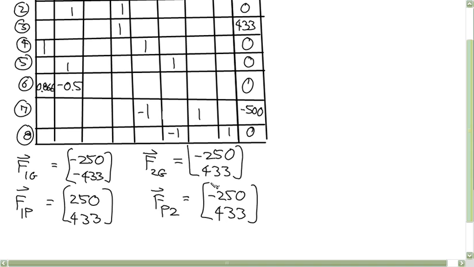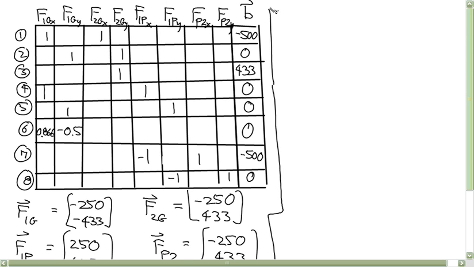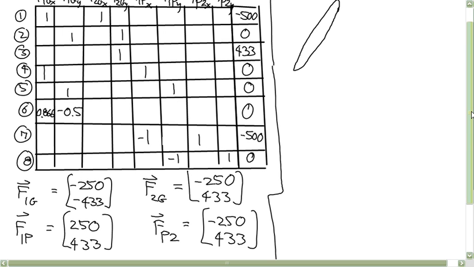Okay, let's interpret this too while we're at it. So let's look at member 1. The load's acting on that, and when you've solved a problem like this, you've already drawn at least most of the free body diagrams. There's usually at least one member you can leave out, but you've had to come up with equations for most of the members.